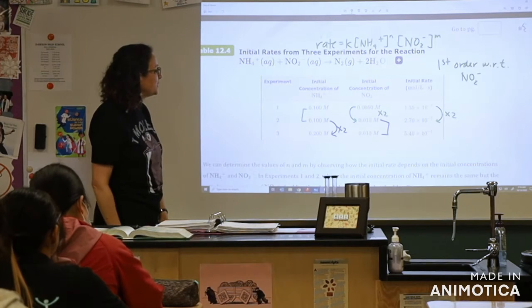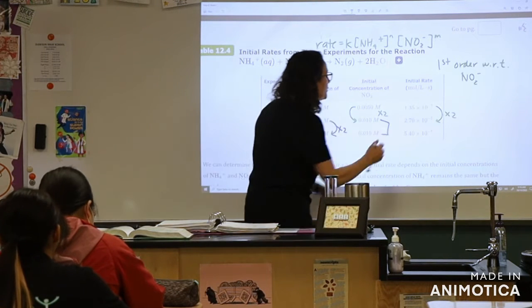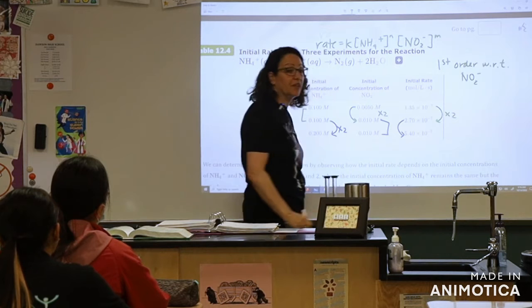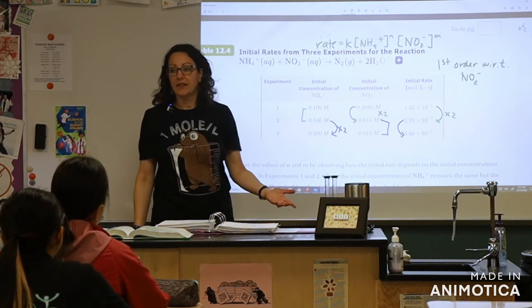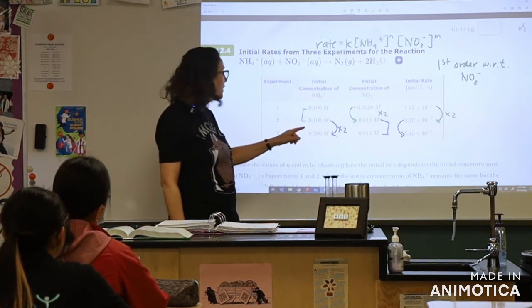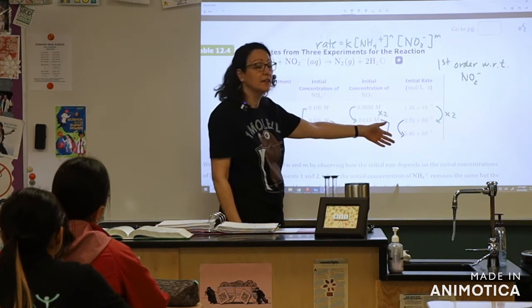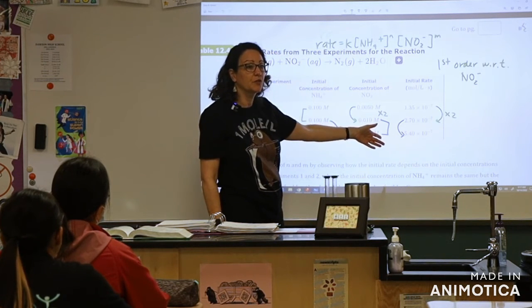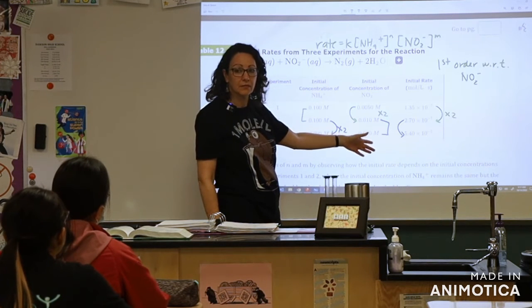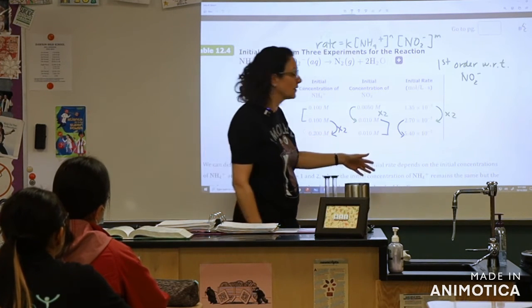And so what happened to the rate between trial 2 and trial 3? It doubled as well. And so therefore, if this doubled and this doubled with this held constant, my rate must be first order with respect to the ammonium. Does that make sense? Okay.